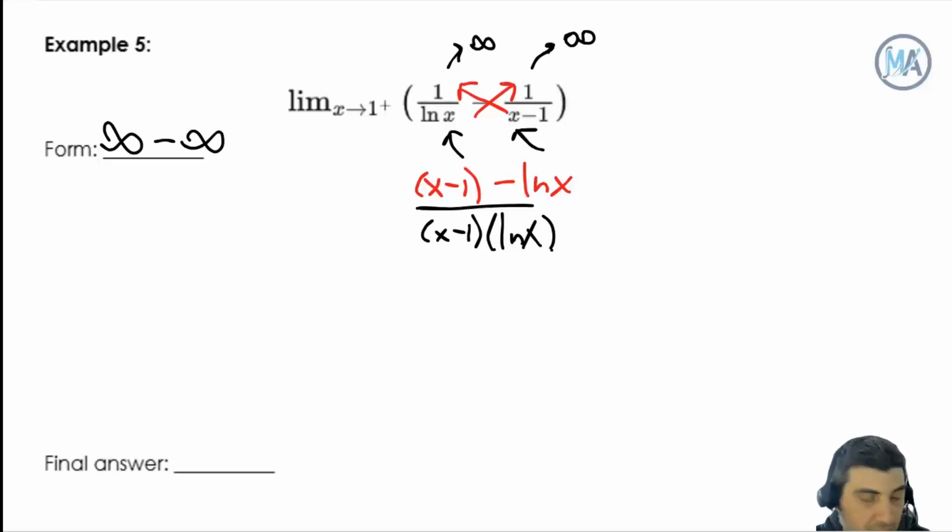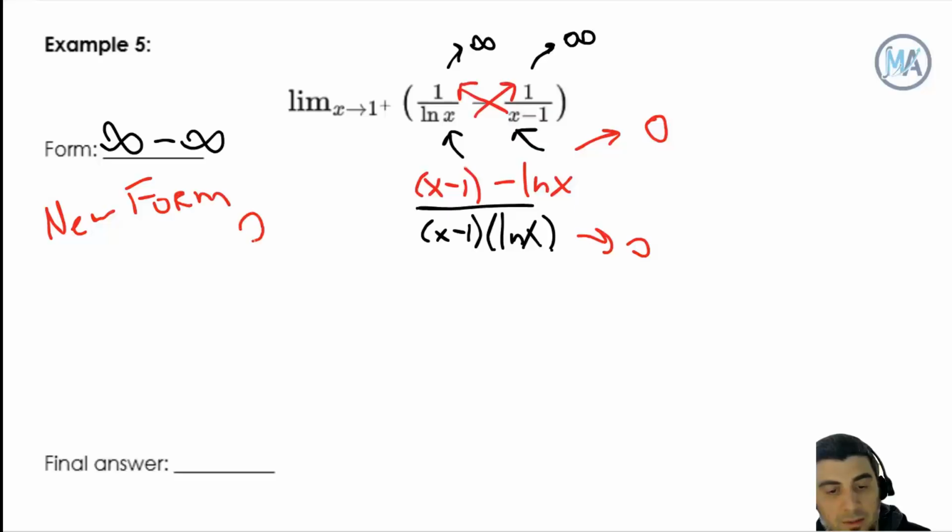Now, if I let x approach 1 from the right, the numerator here, the x minus 1 is going to be 0, minus natural log of x approaching 1 is going to be 0 also. And the denominator is also going to approach 0. So our new form is 0 over 0.